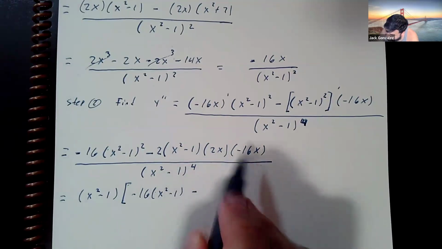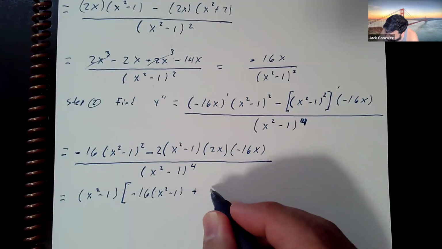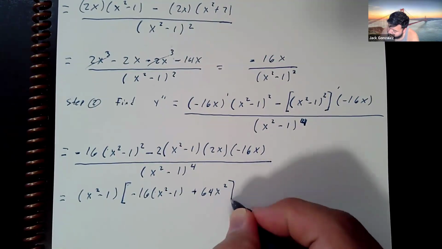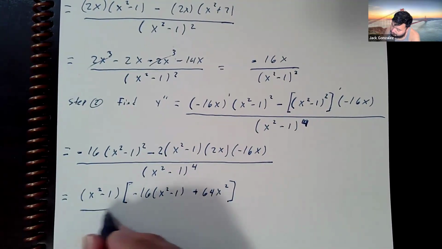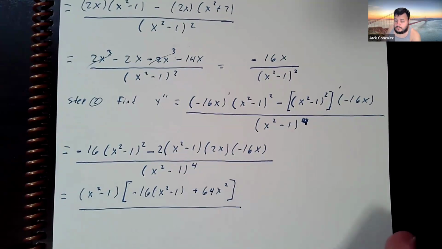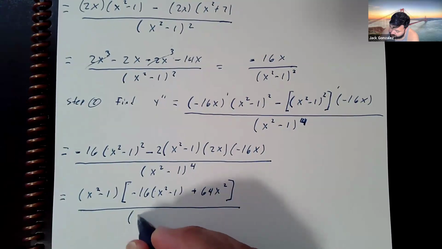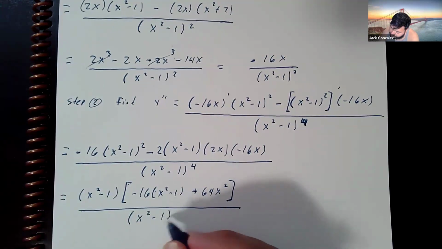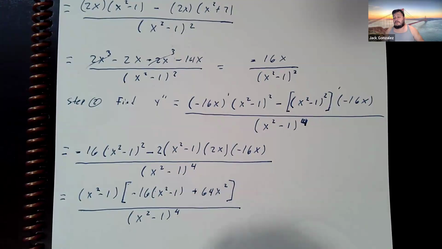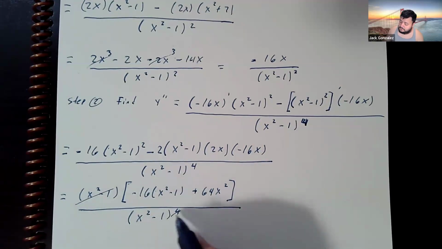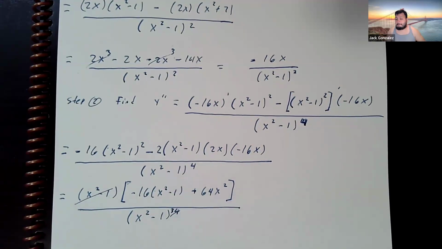That'll be plus 64x squared. The derivative is done. I'm just doing algebra now for no reason. But one cool thing is I can cancel this. I couldn't resist, right?